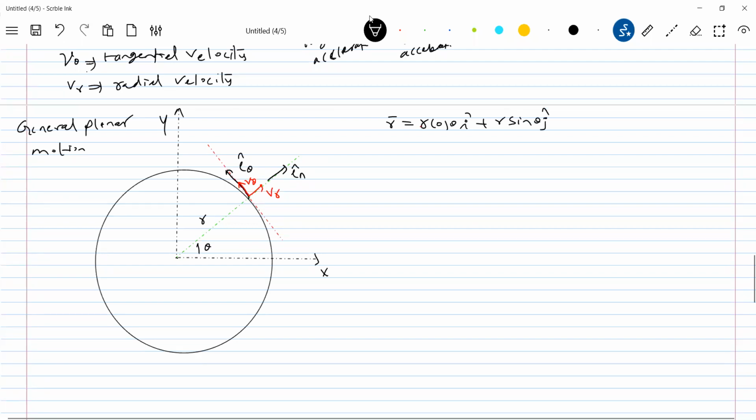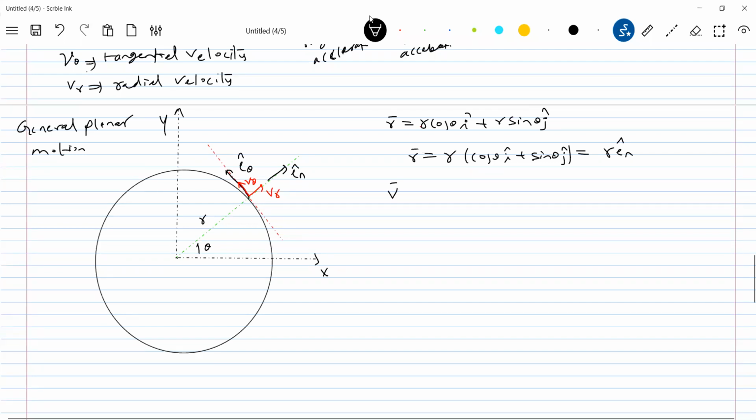In the vector form, how do you write it? R into cos theta I cap plus sin theta J cap. What is cos theta I cap plus sin theta J cap? That should be equal to En cap. Already we defined the unit vectors, no? This will be the En cap. Now let me differentiate this.